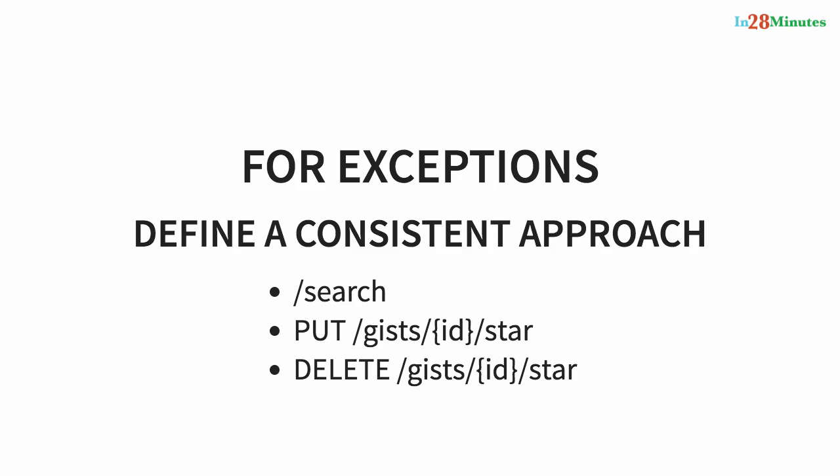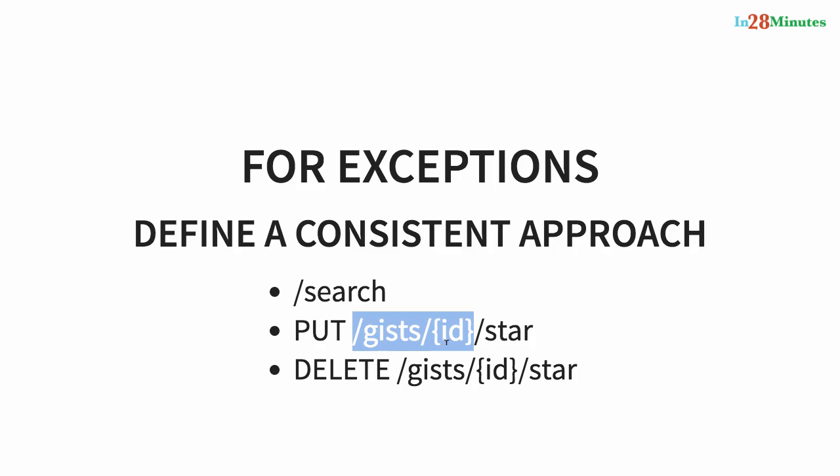/users/search, things like that. One of the things that I like is how GitHub does the star and unstar of gists. Gist is basically a piece of code. So if I like a piece of code, I can do a star on it. So the resource gist is represented by a specific ID.